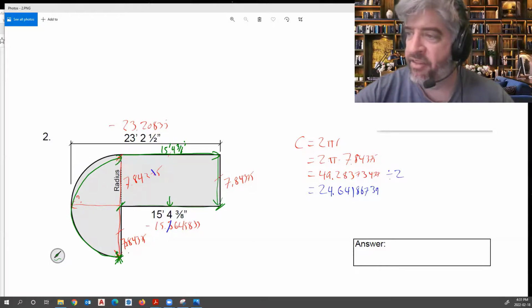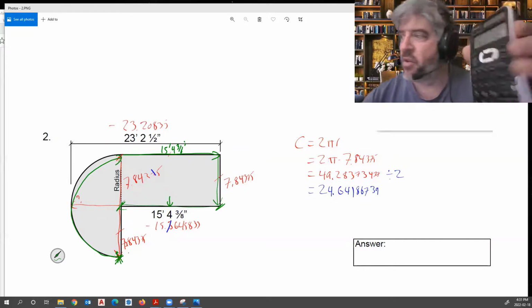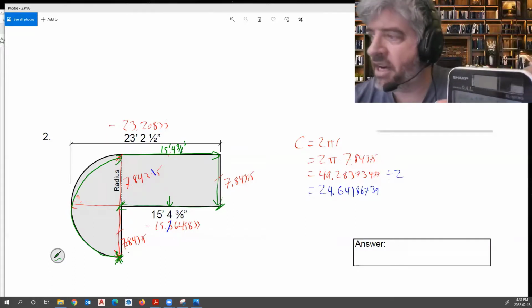And then I'll add this one again, 15 feet 4 3/8, so plus 15.36458, and then add the last 7 feet, so plus 7.84375. So I've got all the numbers sitting in my calculator right now.